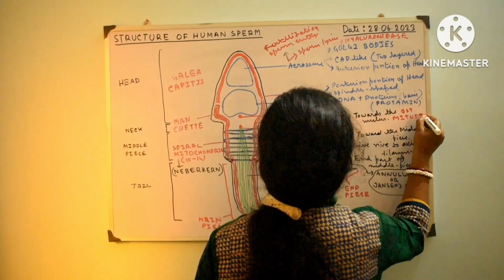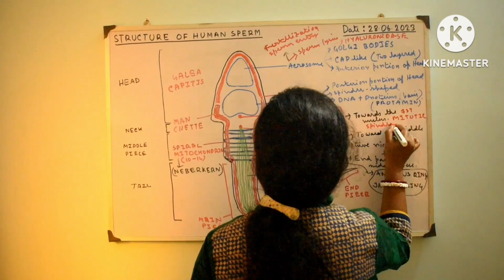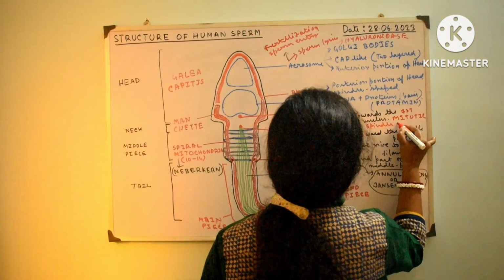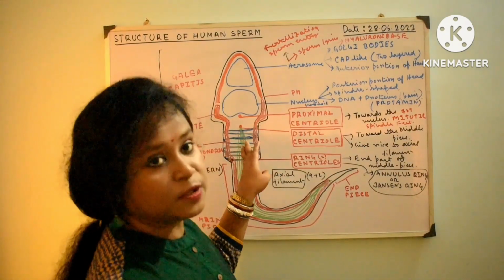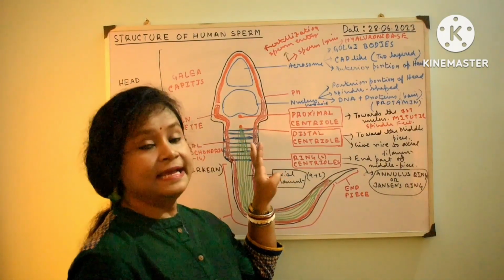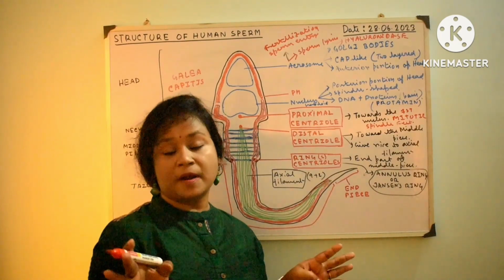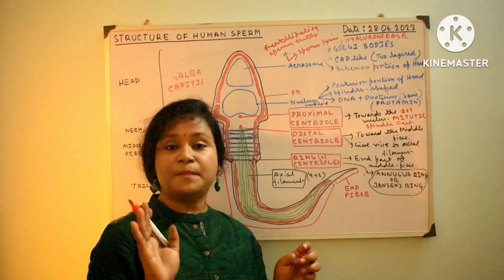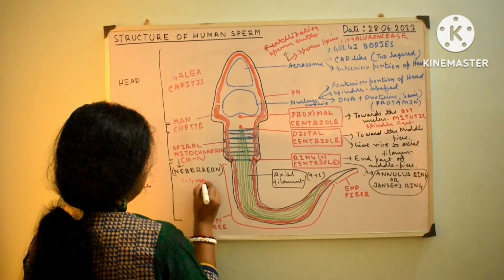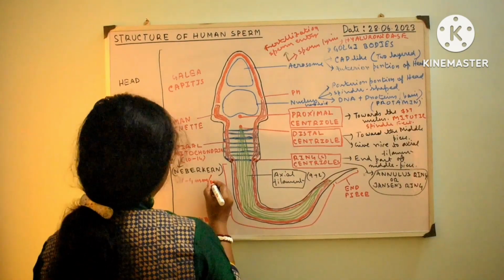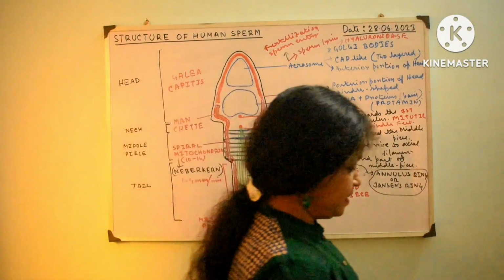What is the function of the spiral mitochondria? It gives energy for the motility of the sperm, for swimming of the sperm, and the sperm motility is 1 to 4 millimeter per minute.